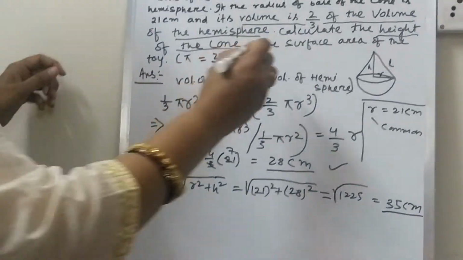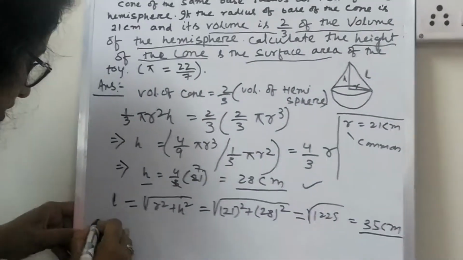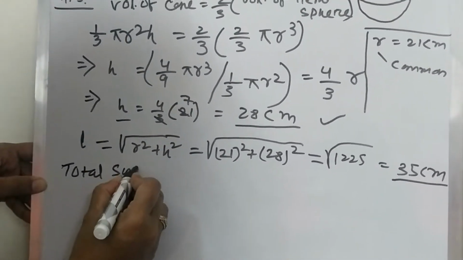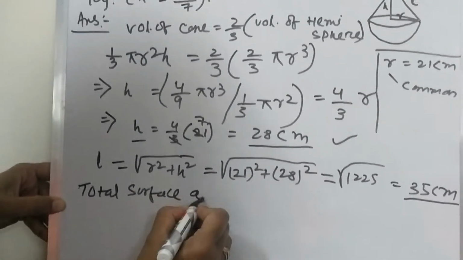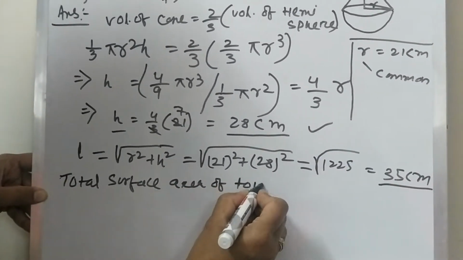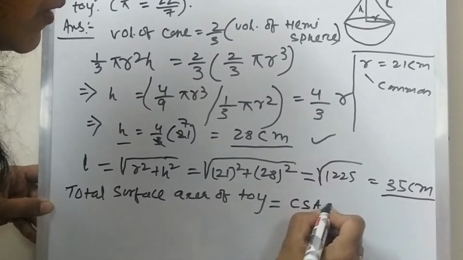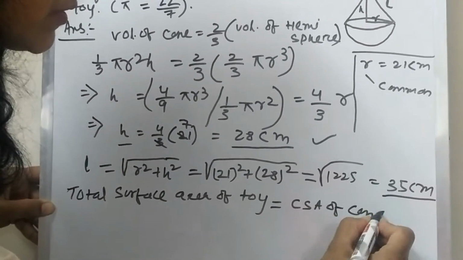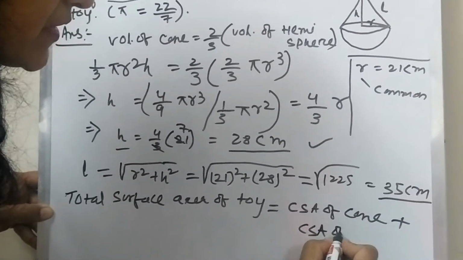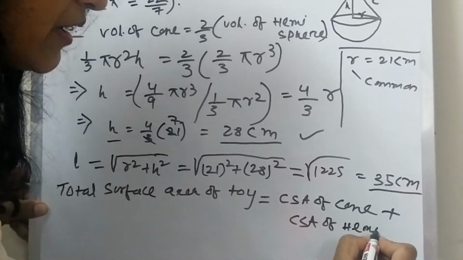So we got the value of the slant height, 35 cm. Now we have to calculate the surface area of the toy. The total surface area of the toy is equal to CSA of cone plus CSA of hemisphere. CSA means curved surface area.